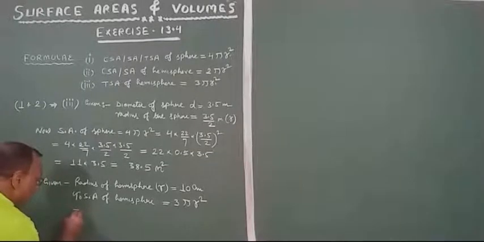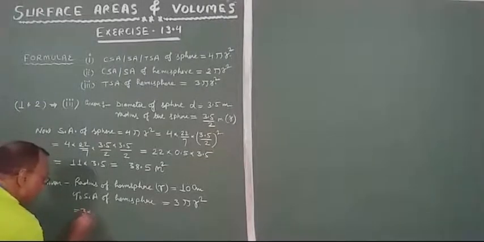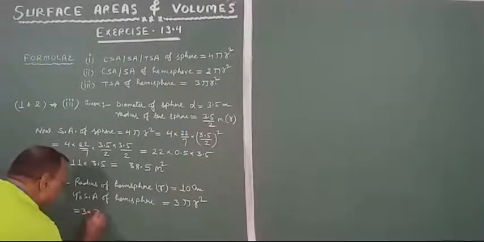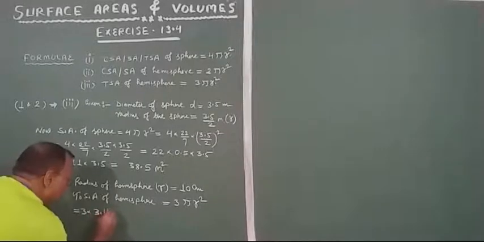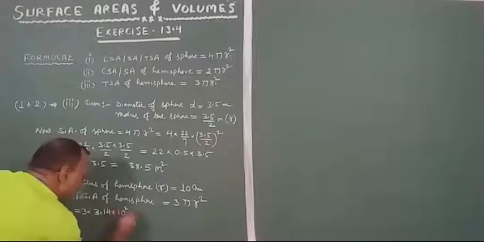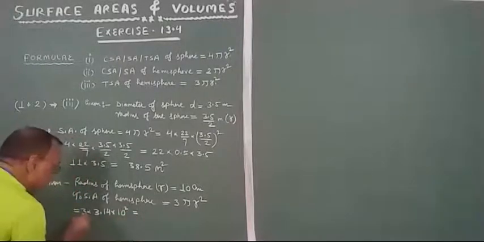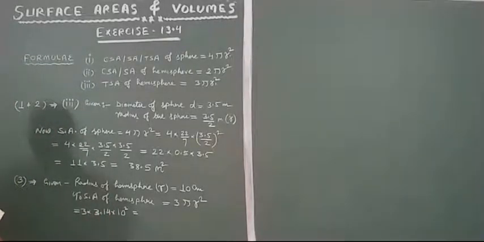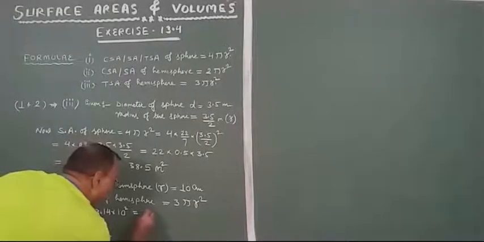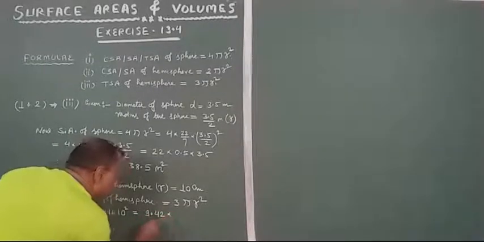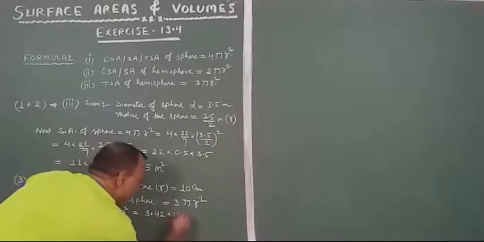Just put all the values. 3 is there, and in this question pi is given 3.14, and radius is 10 square. 3 into 3.14 is 9.42, and 10 square is 100.